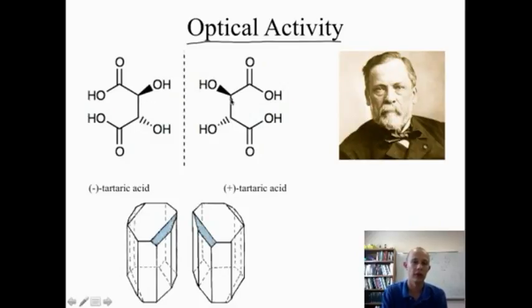The mirror image of minus tartaric acid is plus tartaric acid. They're not superimposable. What he figured out, looking through a microscope, was that there were two different crystal forms that were mirror images of one another. So he physically separated out those two crystals, dissolved them in water, and measured the extent to which they rotate plane polarized light. One rotated it in the positive direction, the other in the negative direction.